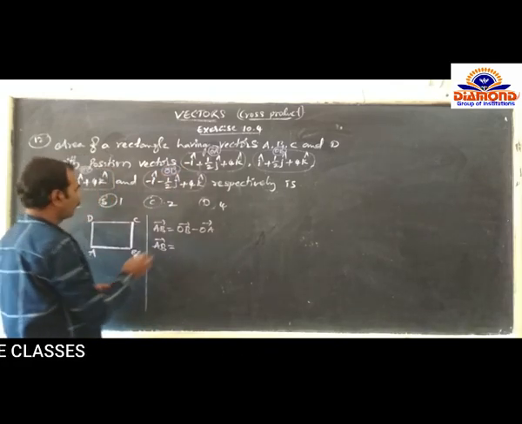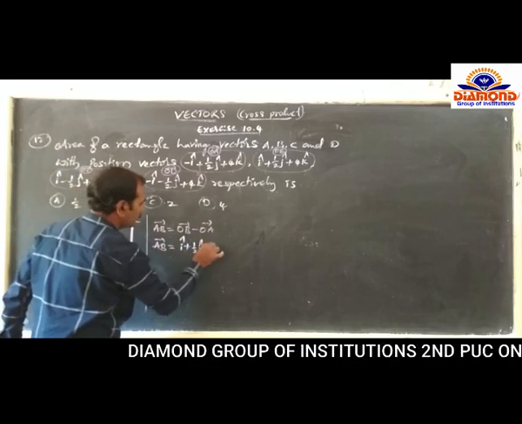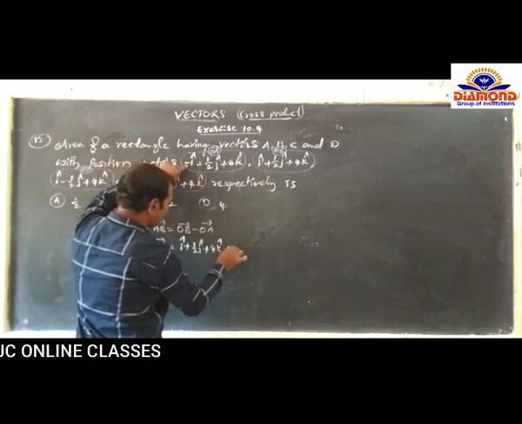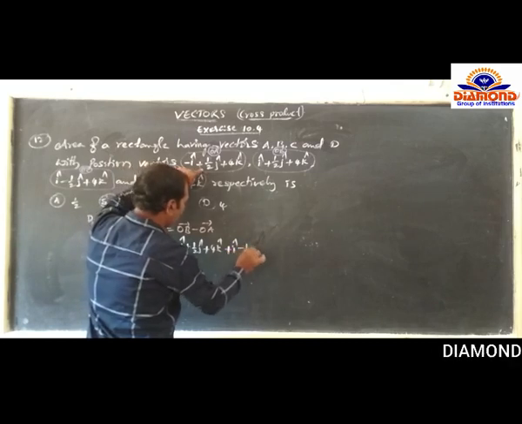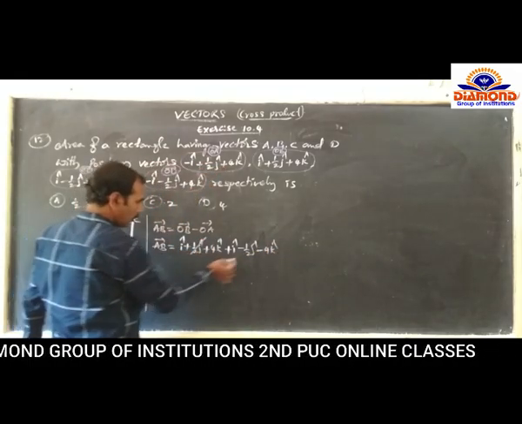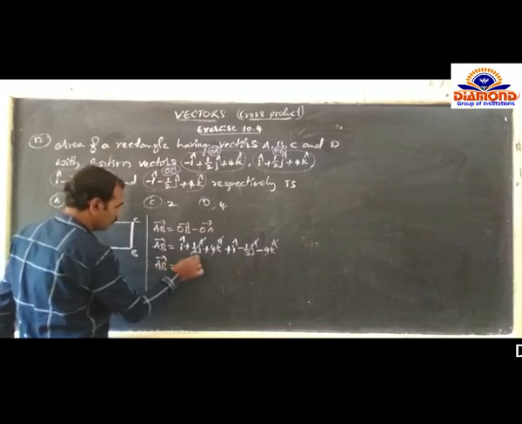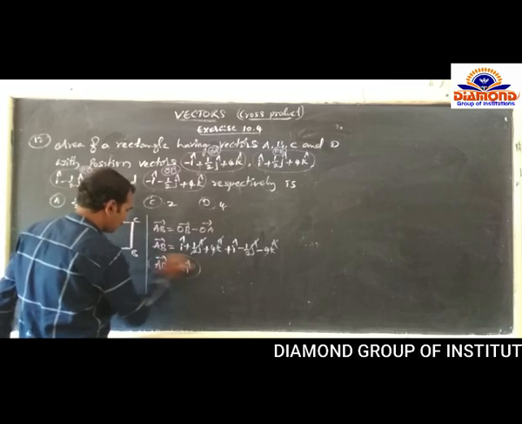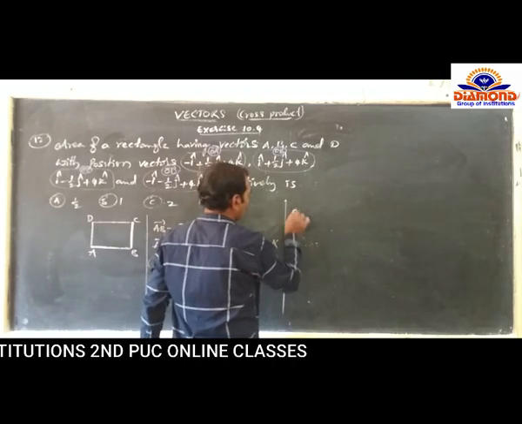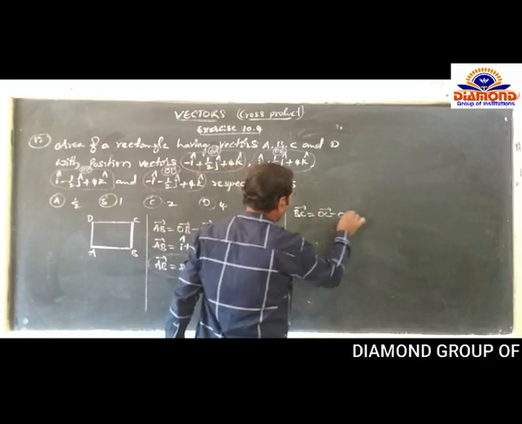OB bar is I cap plus 1 by 2 j cap plus 4 k cap, minus OA bar, which is minus I cap minus 1 by 2 j cap minus 4 k cap, with signs changed. So 1 by 2 cancels, k cancels. So AB bar equals 2 I cap. Then next, BC bar equals OC bar minus OB bar.